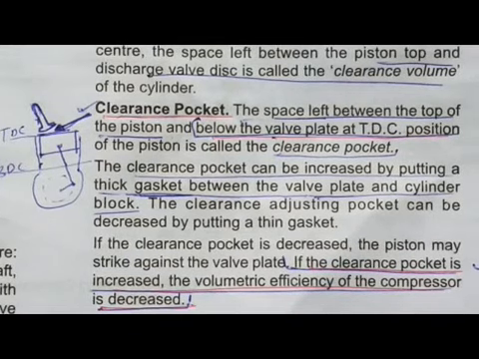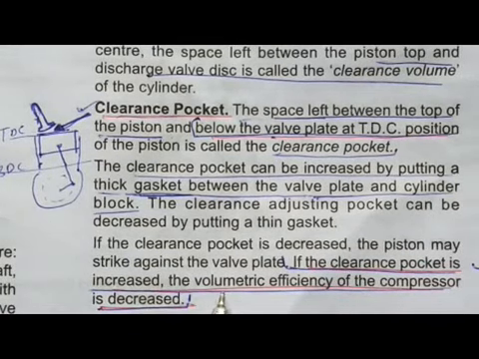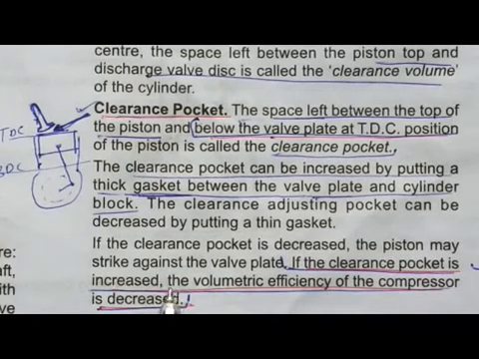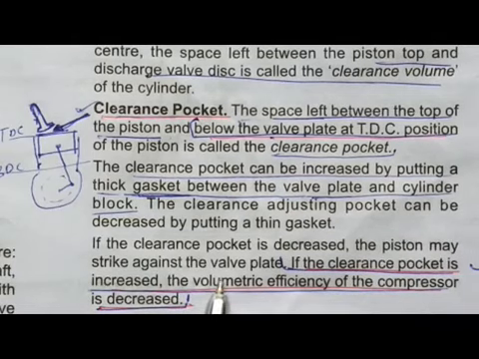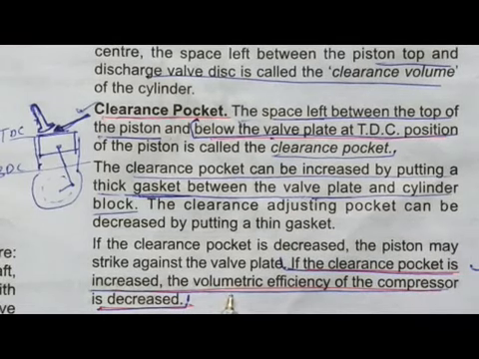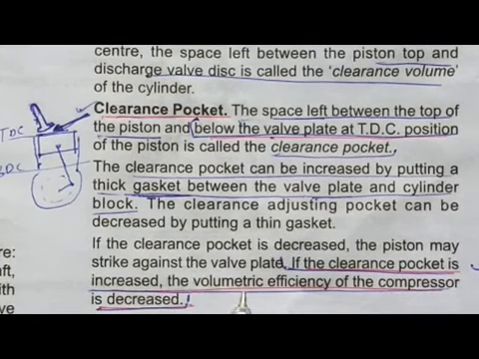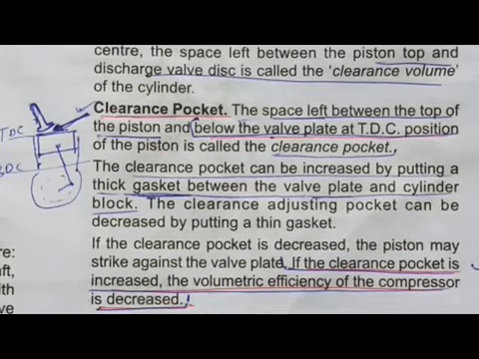If the clearance pocket is increased, the volumetric efficiency of the compressor is decreased. The volumetric efficiency is the breathing capacity of the compressor, how much volume of fluid it is taking. That is called the volumetric efficiency.